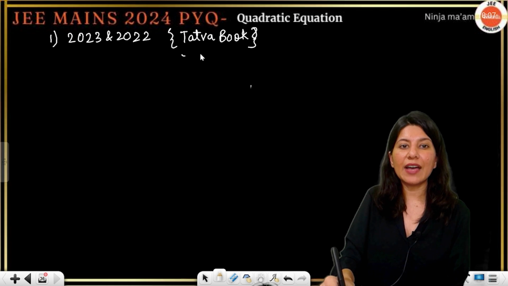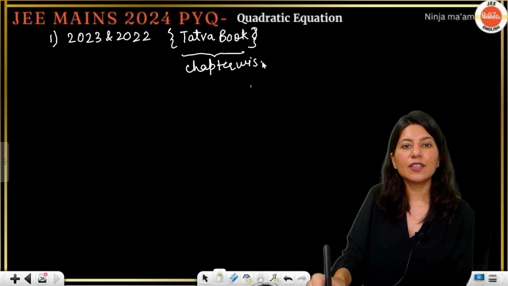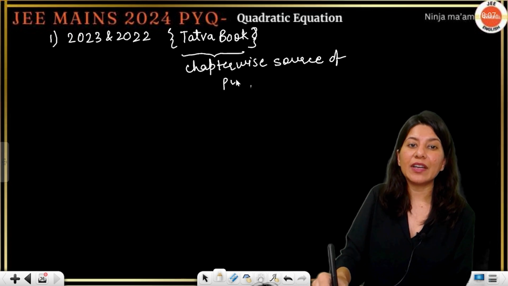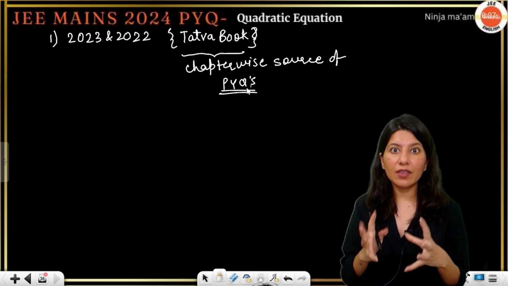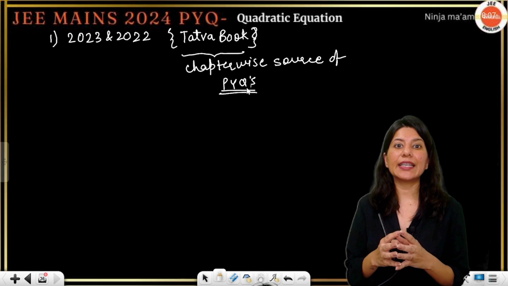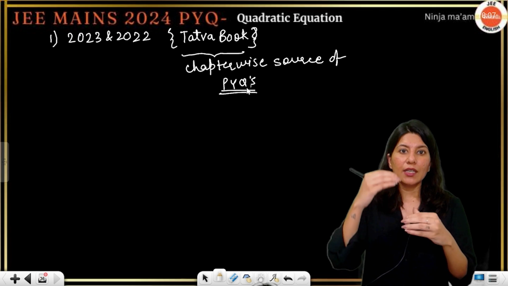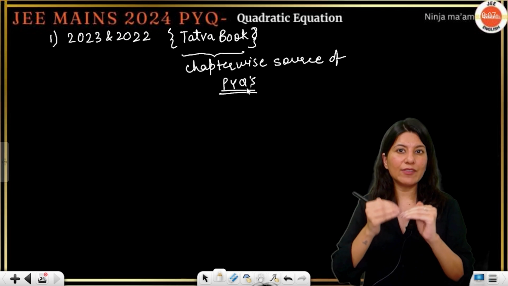Tatva book has a chapter-wise source of PYQs. These PYQs are first of all error-free, and secondly they are arranged in a manner so as to get the basics first and then the next level questions.